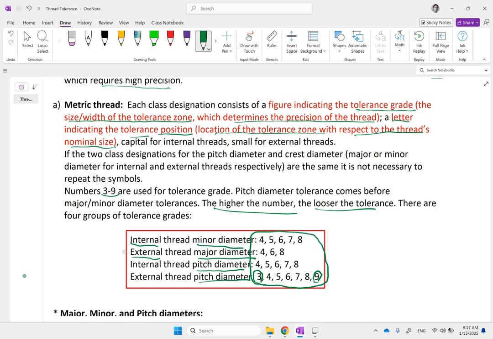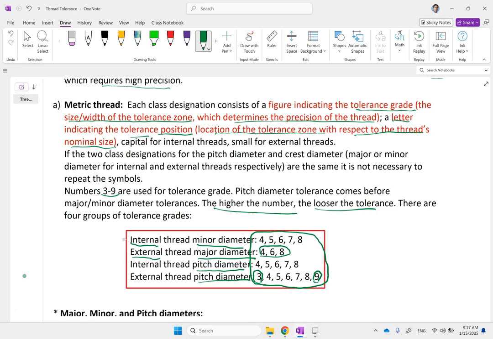So for instance, if I want to put tolerance on external thread pitch diameter, I can use all of the classes. But if I want to do that for major diameter of external thread, all I'm allowed to use are classes 4, 6, and 8. For internals, minor diameter is 4 to 8, and pitch is also 4 to 8. So I cannot use classes 3 and 9 for internal threads.